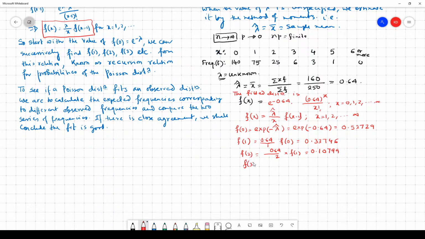F3, which is equal to 0.64 by 3 F2, this is equal to 0.02304. F4, 0.64 by 4 F3 is equal to 0.00047.